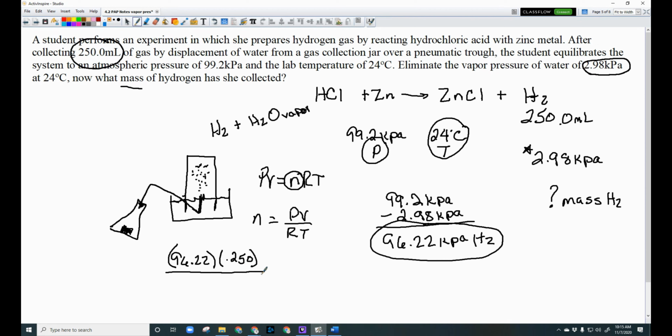So that's going to be 8.31, times our temperature, and the temperature has to be in Kelvin. This is collected at 24 degrees Celsius, so for Kelvin, that's 273 plus 24, which is 297.